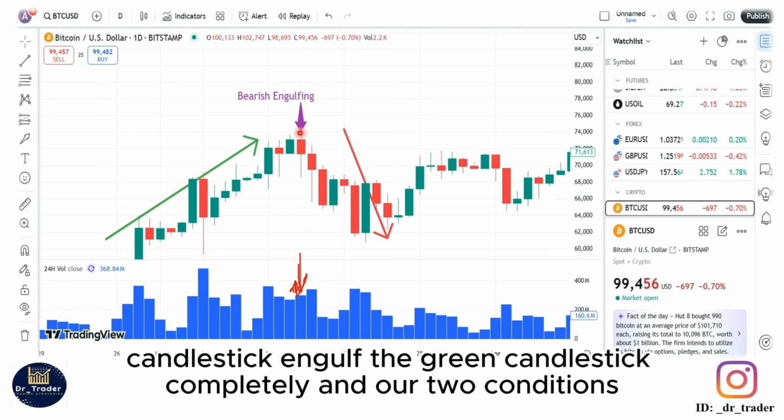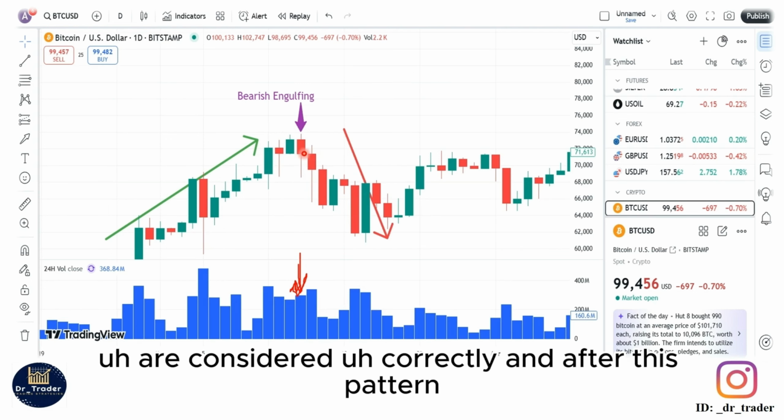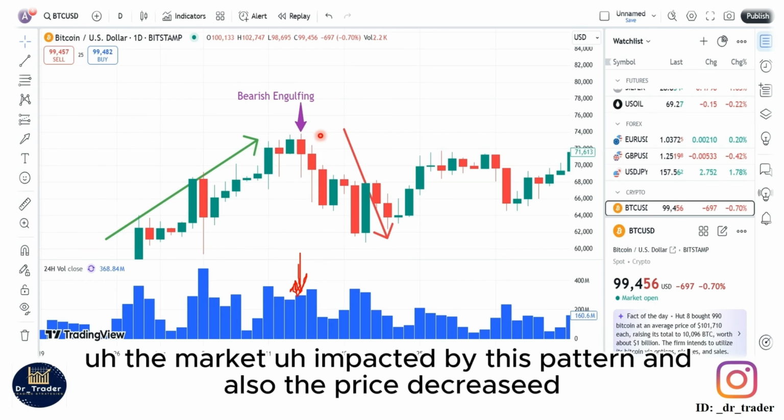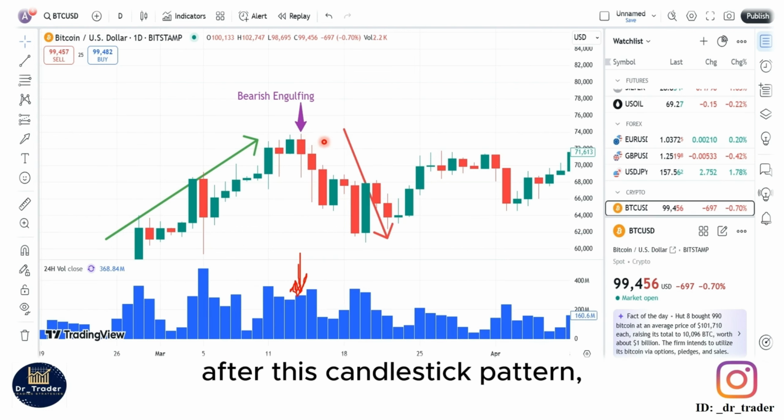And also the red candlestick engulfed the green candlestick completely, and our two conditions are considered correctly. And after this pattern, the market was impacted by this pattern, and the price decreased after this candlestick pattern.